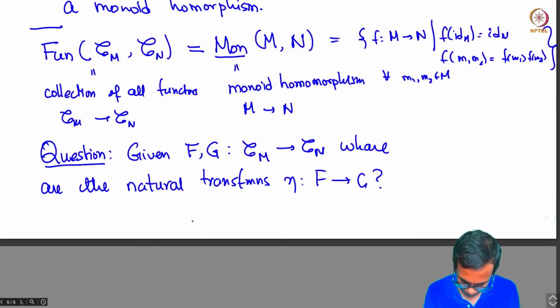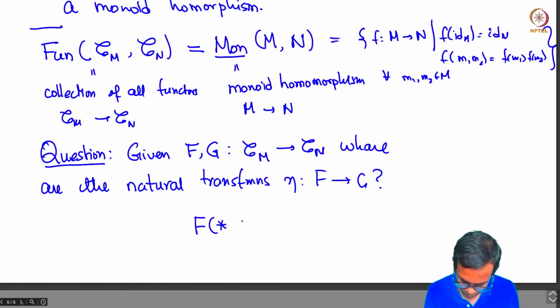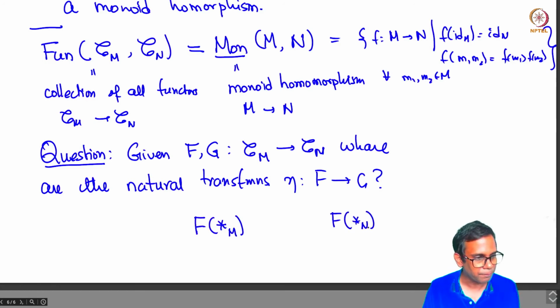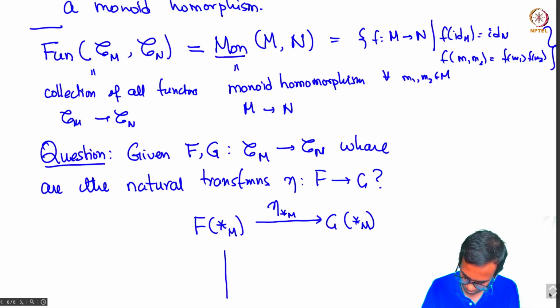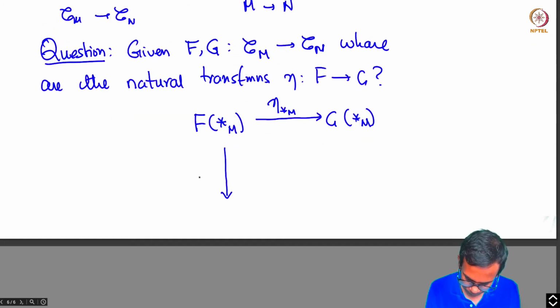There's only one object in the category M, so we have f of star of M, and g of star of M, and we must have eta of star of M. We must have an arrow, and this would be an arrow in Cn. Okay, we'll decipher it later. Let's just write down the definition of natural transformation.